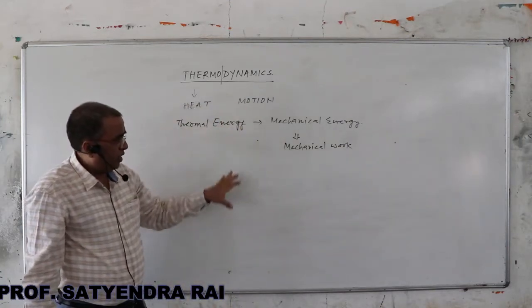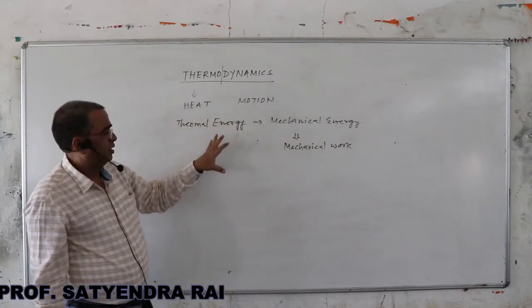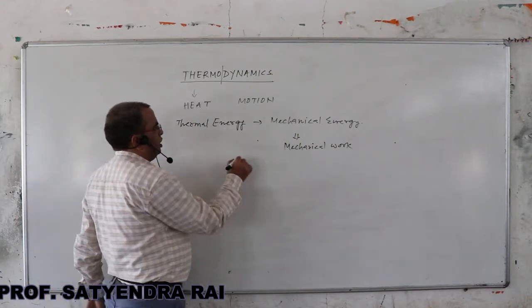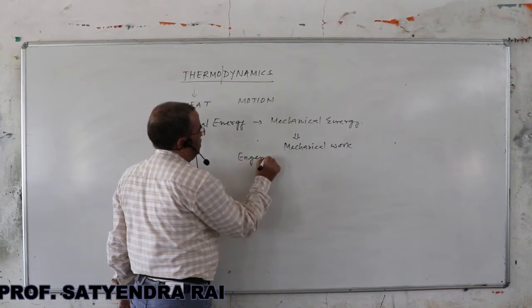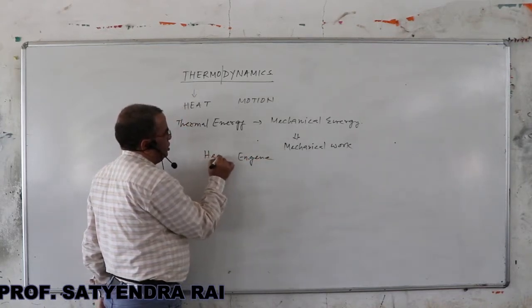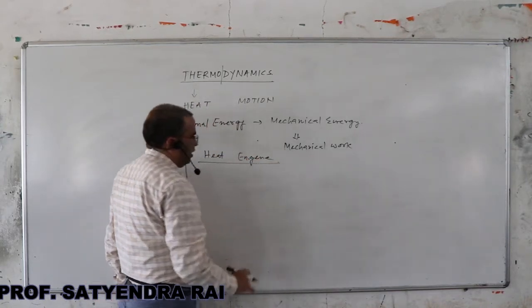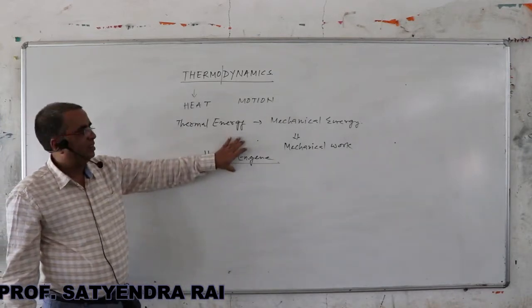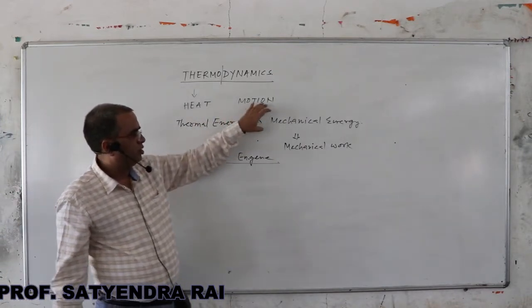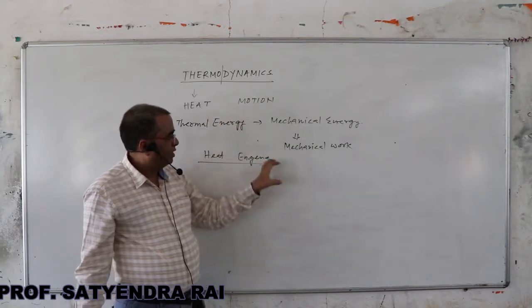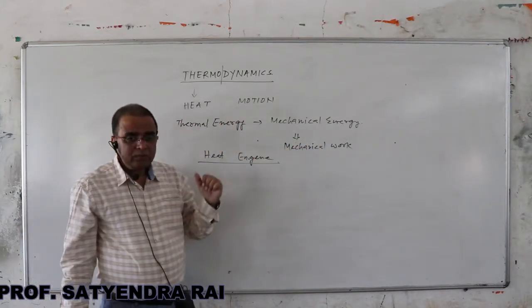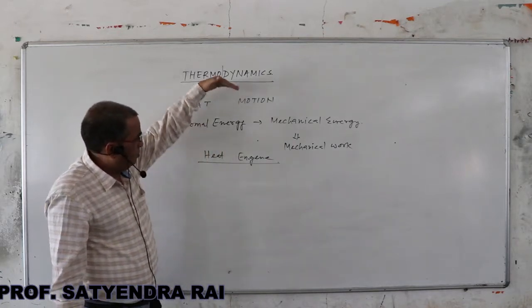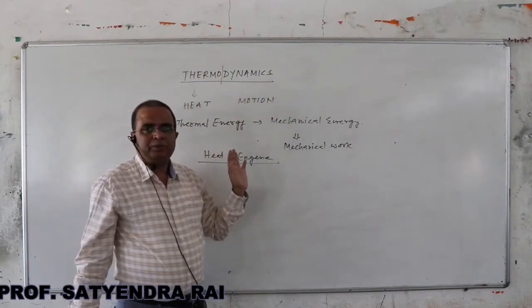The device, the instrument that is used for this purpose is called an engine, basically a heat engine. A heat engine is the device which is used to convert thermal energy into mechanical energy, or to get mechanical work by using thermal energy.